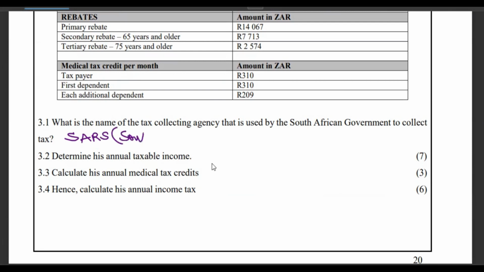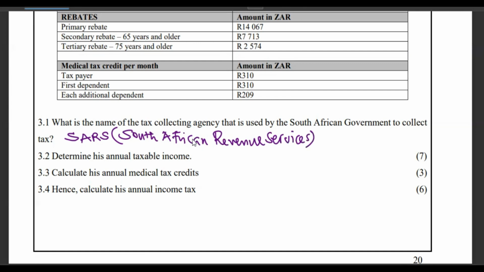The South African Revenue Services. South African Revenue, not reserve, but revenue. Revenue Services.